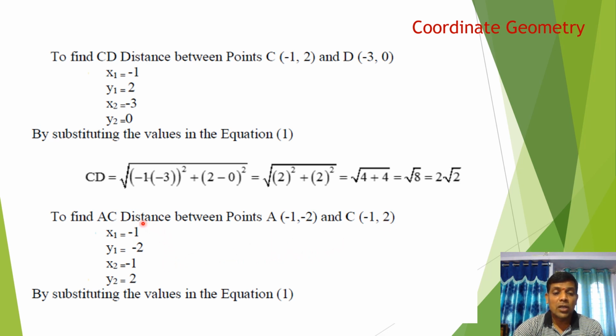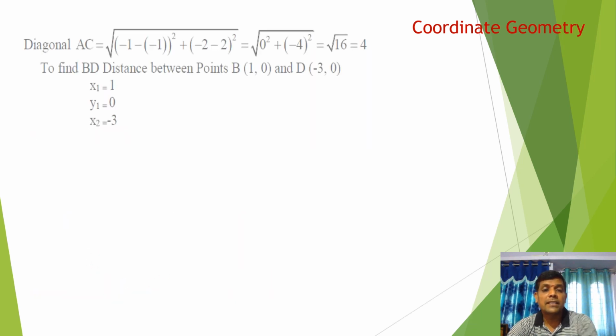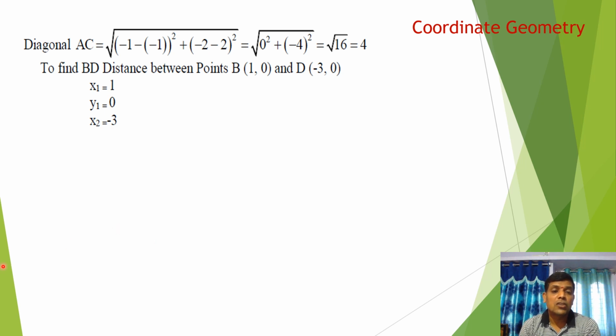So substitute the coordinates in the given distance formula. We know the distance formula is root over x2 minus x1 whole square plus y2 minus y1 whole square, or x1 minus x2 whole square plus y1 minus y2 whole square.